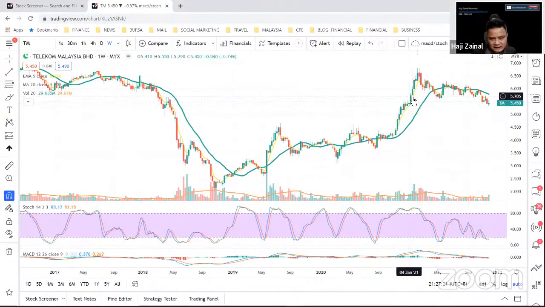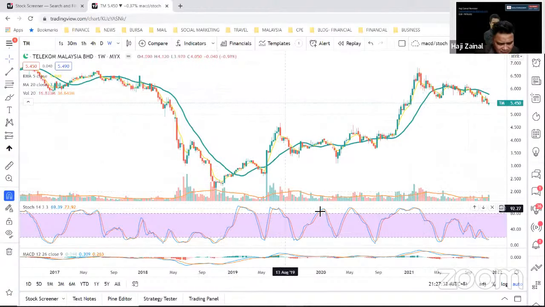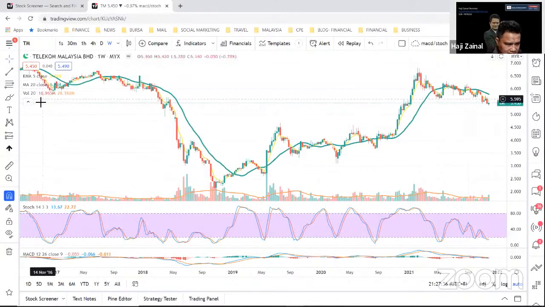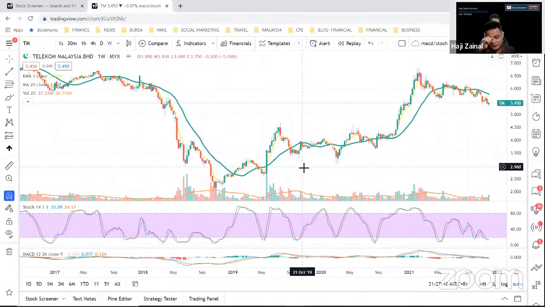This one is 20 days, and the yellow line is 5 days, and at the bottom here are the volume indicator, stochastic, and MACD. And I use another one that is not here, but this is enough already for us to see.